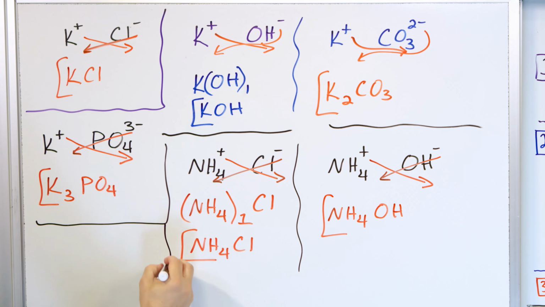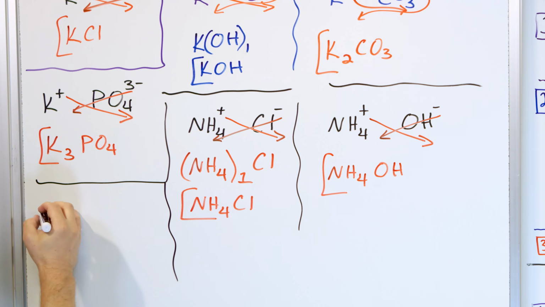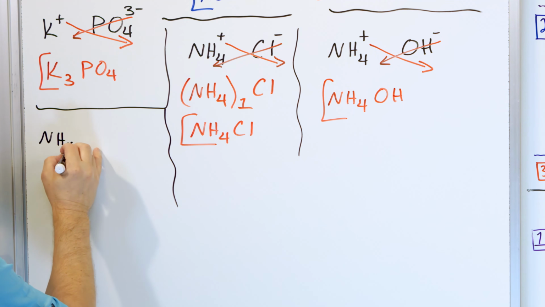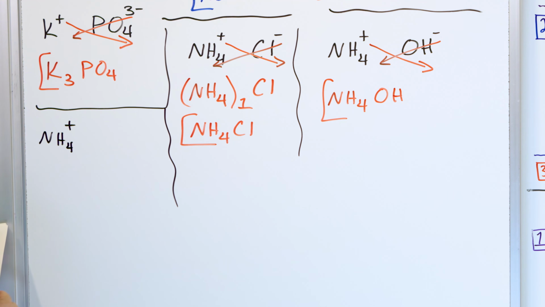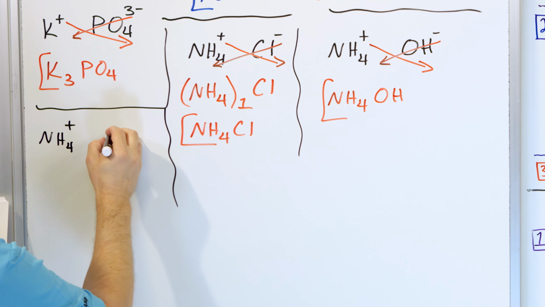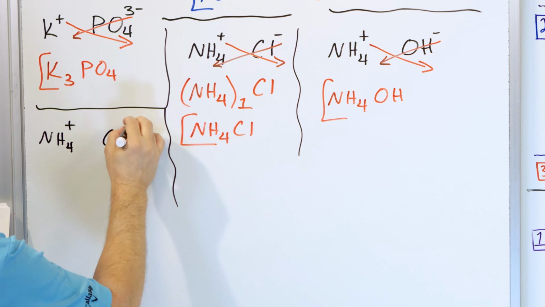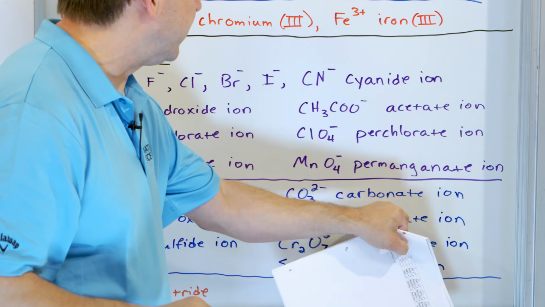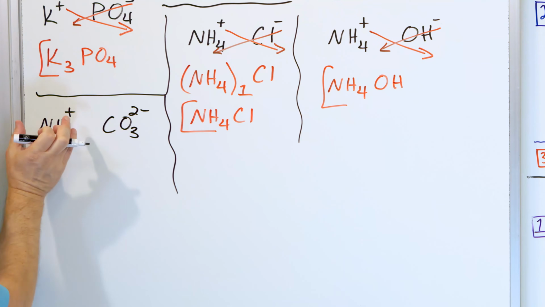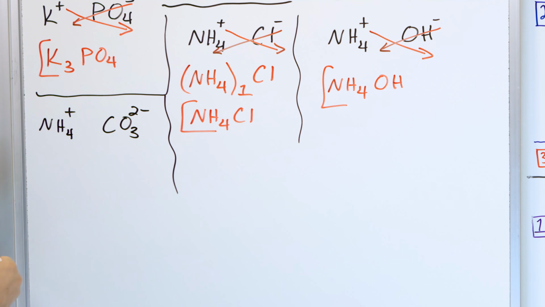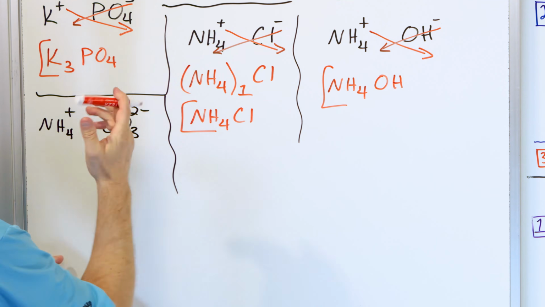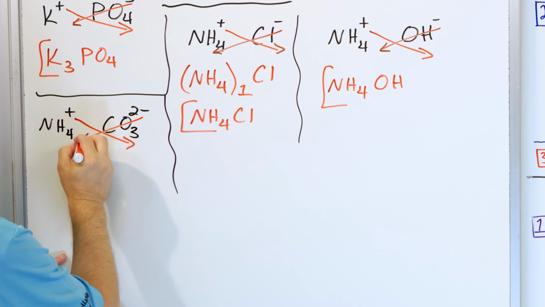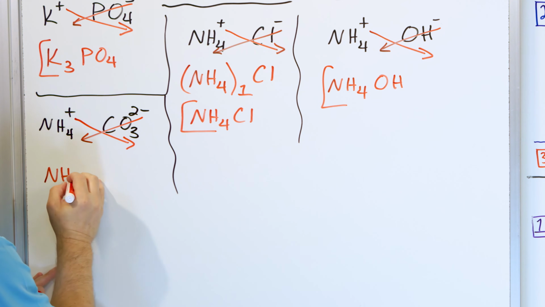All right, let's take a look. What if we have NH4 with a positive charge interacting with that carbonate, CO3 with a -2 charge? Remember, CO3 with a -2 charge, we call it a carbonate ion. So this would be ammonium carbonate, right? So what do we have? Do the crisscross like this, and then we have NH4.